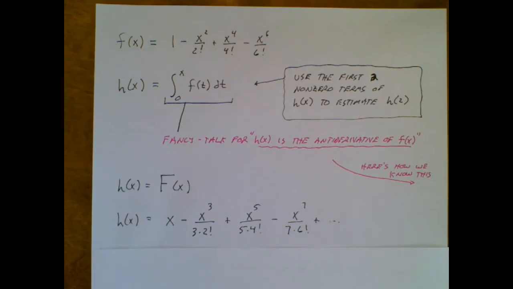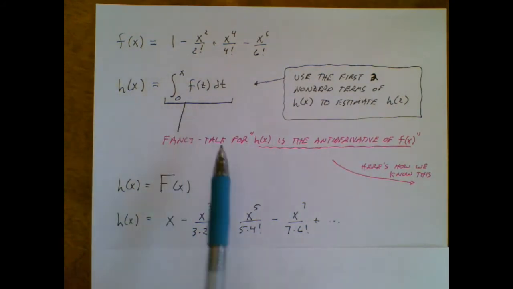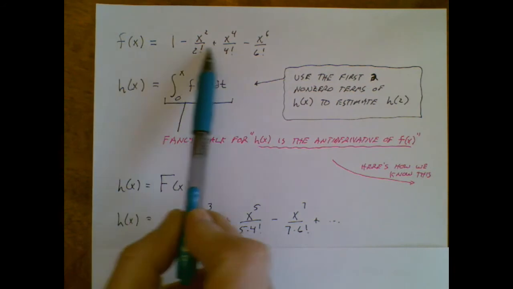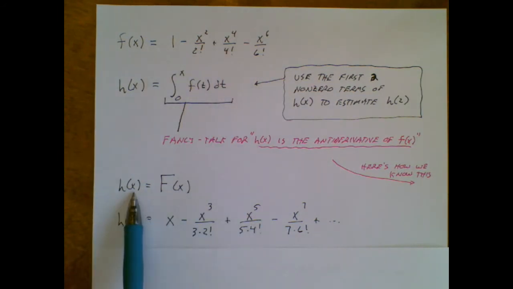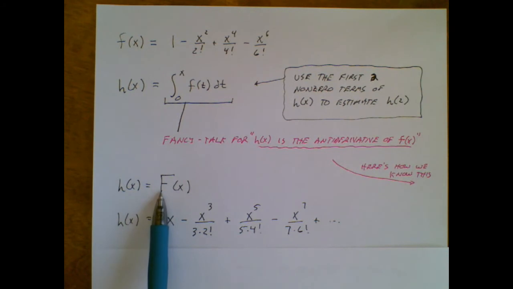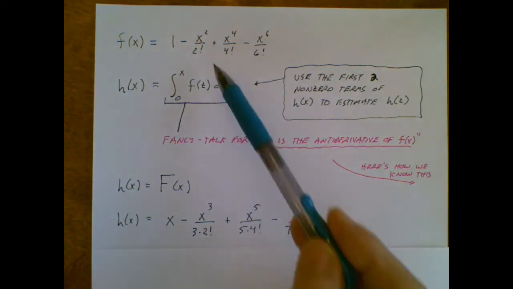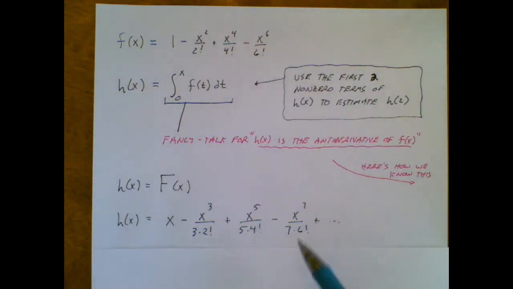So hold on here. If I take this hint, then the antiderivative of f of x can be written as the equivalent of h of x. So I'm using capital F of x to represent the antiderivative of f of x, but term by term, antiderivative, antiderivative, antiderivative, and antiderivative.